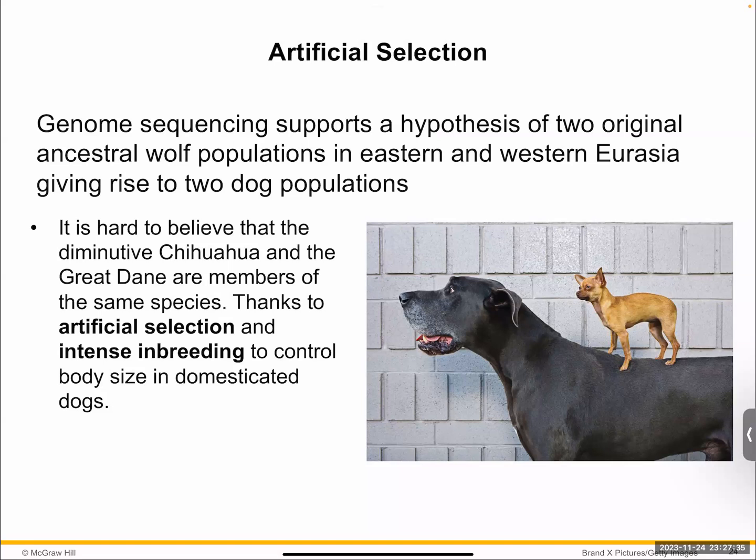However, because of artificial selection as well as intense interbreeding, so we're talking about going family to family within the same population, and not expanding it into that randomized concept of introducing the whole population of dogs to each other, that caused a significant increase in our ability to first select for size. So again, you can see that difference.